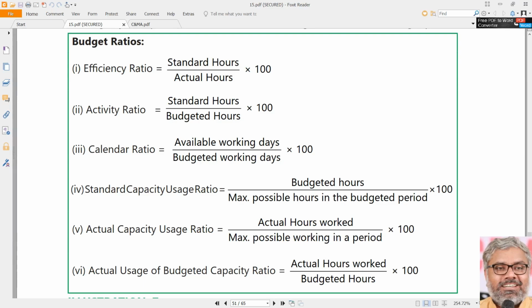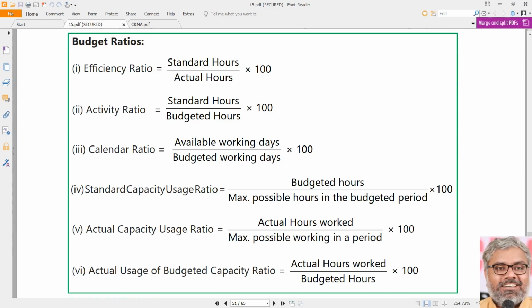And then the numerator shows standard hours required for actual production. Of course, budgeted hours are also standard hours only, but you can understand them as standard hours required for budgeted production. So in other words, activity ratio is standard hours required for actual production divided by standard hours required for budgeted production.